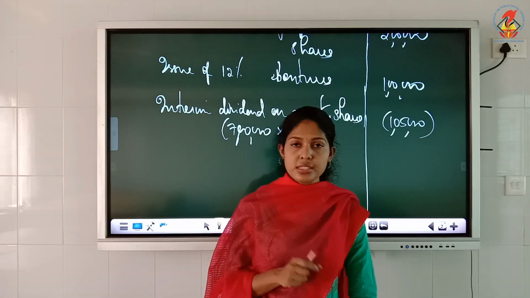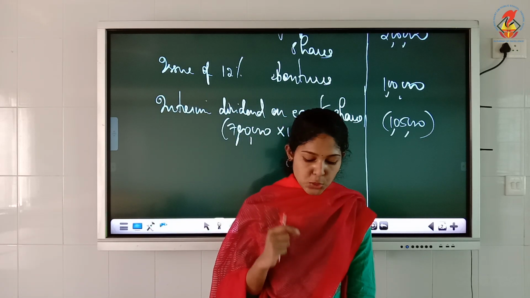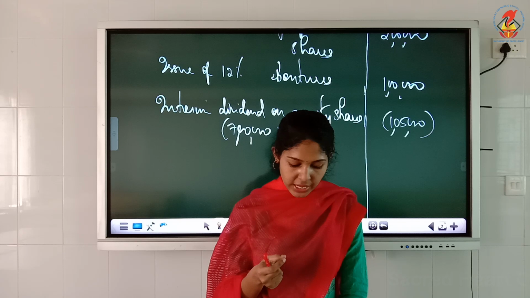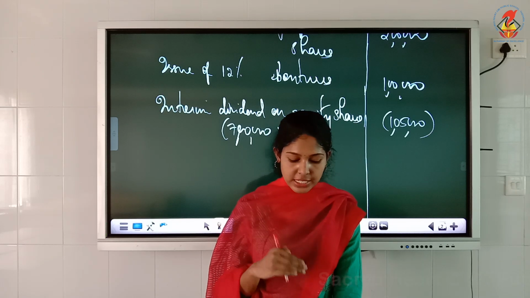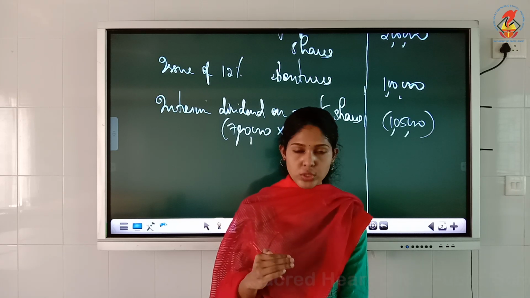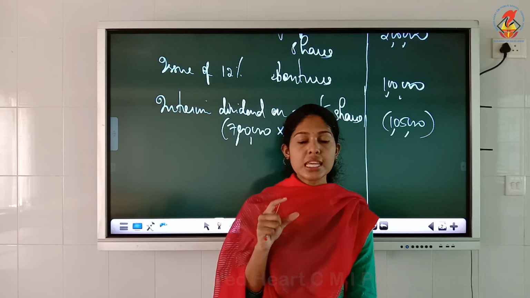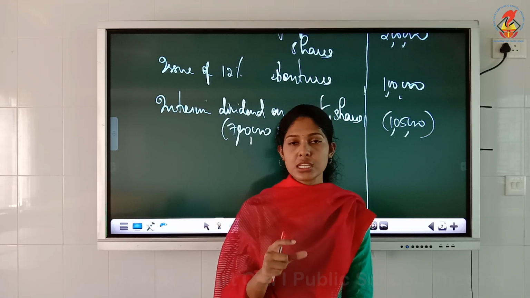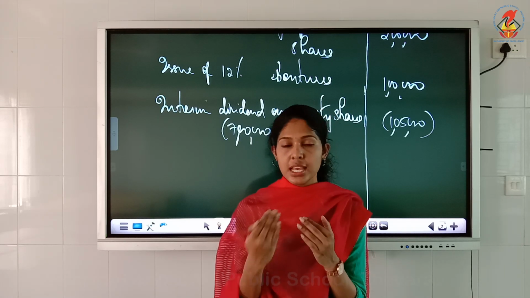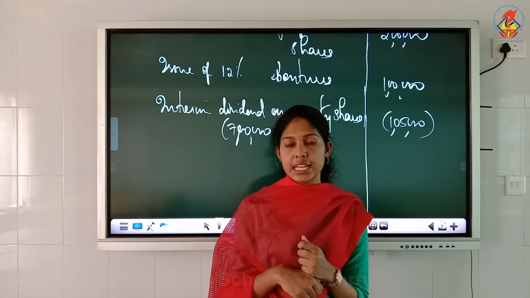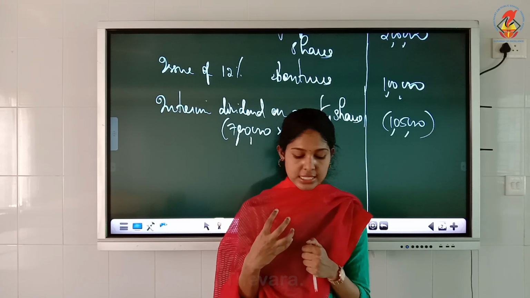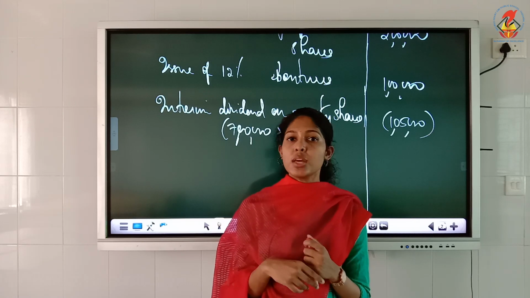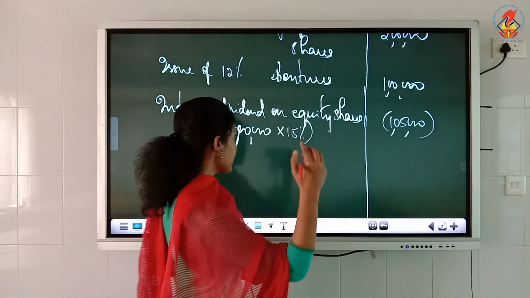It's a negative figure. So 12% preference share capital is given, and the second adjustment says that dividend on preference shares was paid. So that 12% is the dividend rate. The rate or the return on shares is usually referred as dividend. So here the return is given like 12%, which we have to compute on the opening value.